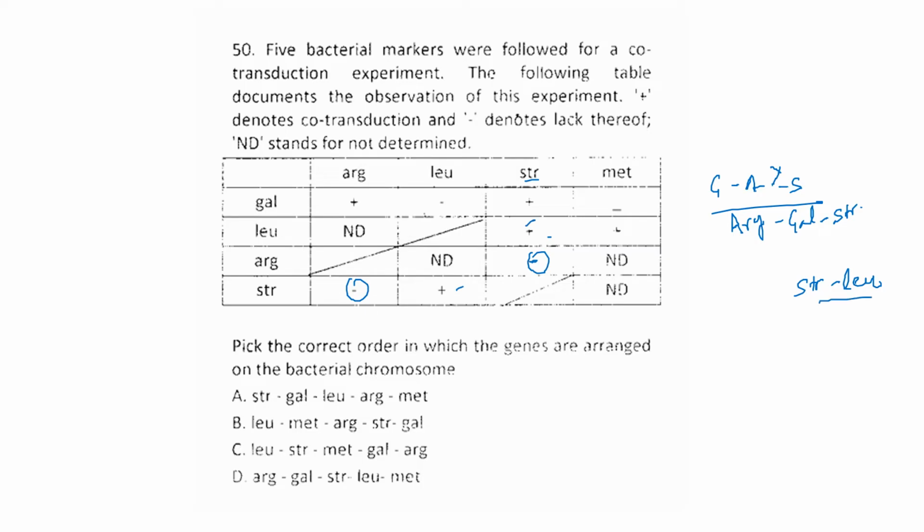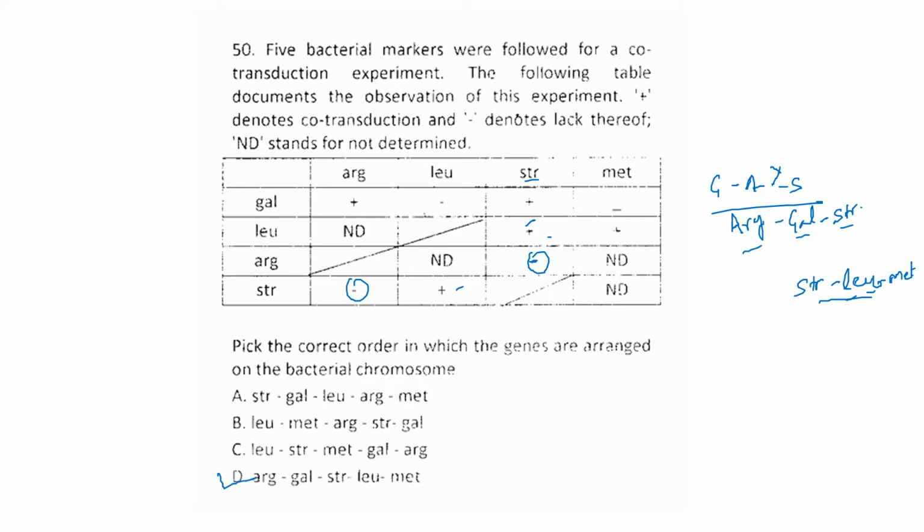So they lie next to each other, and the methionine marker also lies close to the leucine. So if we see the sequence, it will be arg, gal, streptomycin, leucine, and met. So from all these, the correct option is D.